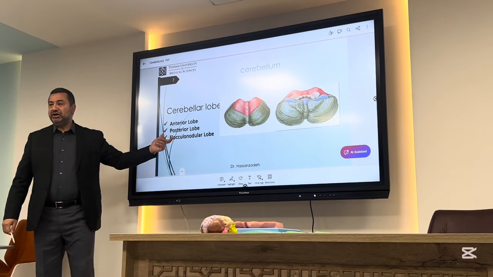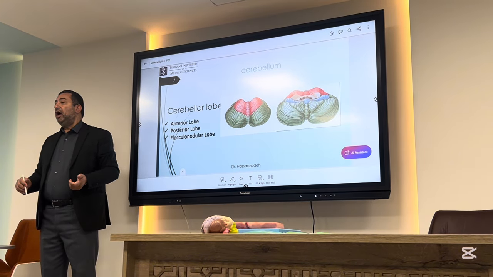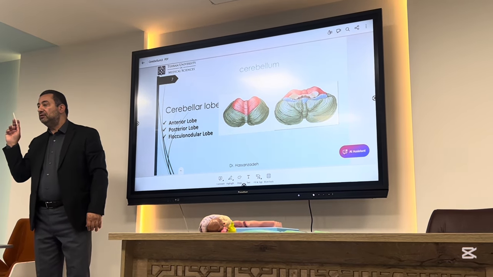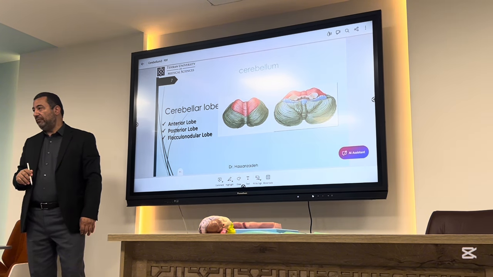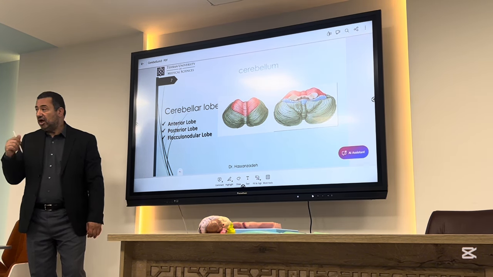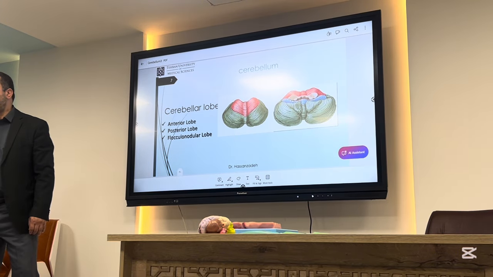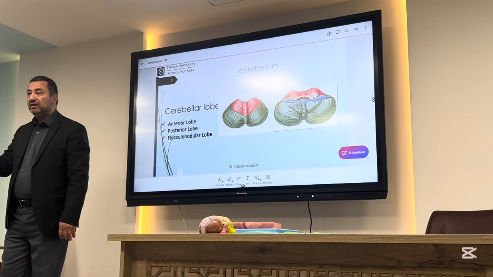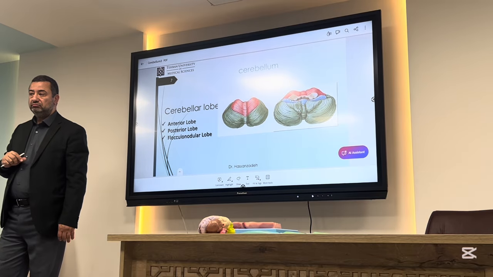Based on this connection of the folliculonodular lobe with vestibular nuclei, other name of the folliculonodular lobe is vestibulocerebellum. And based on development of the folliculonodular lobe as a first part of the cerebellum, this part of the cerebellum is called archicerebellum.